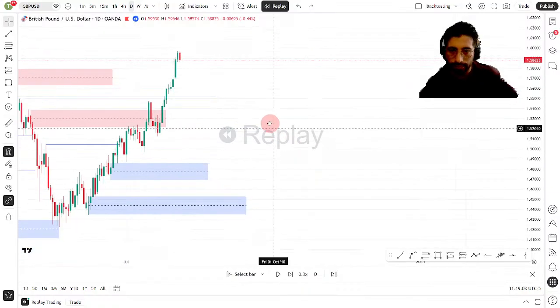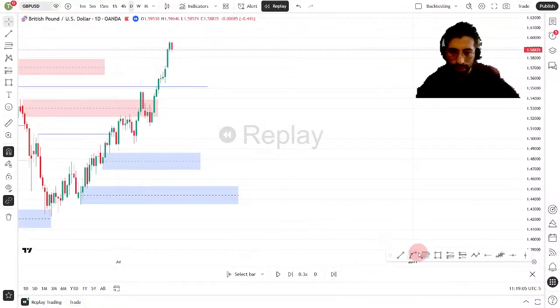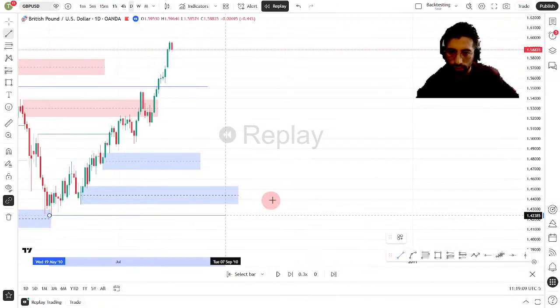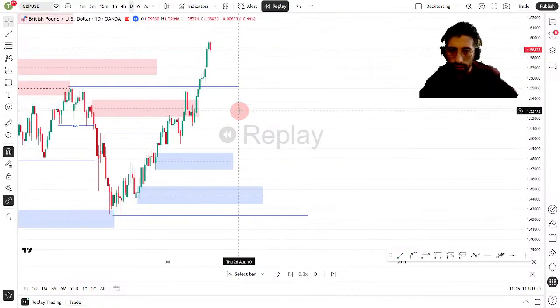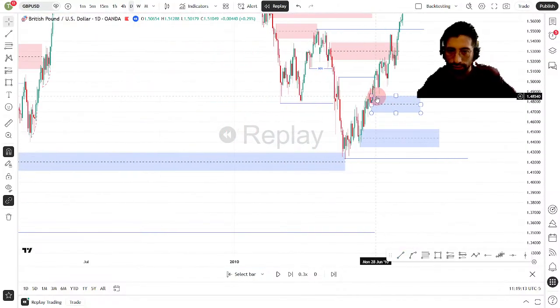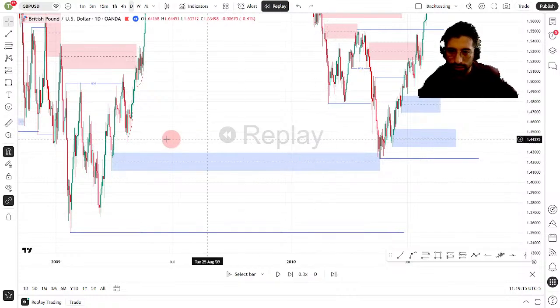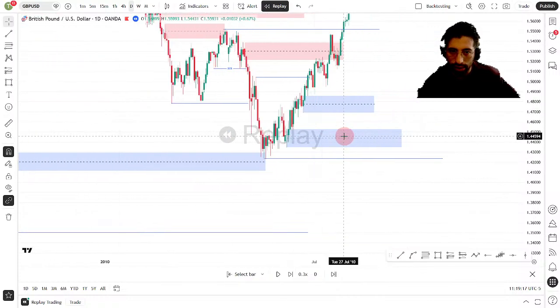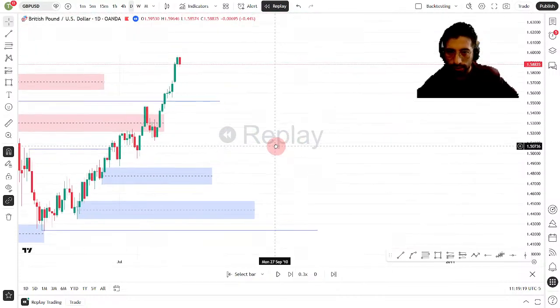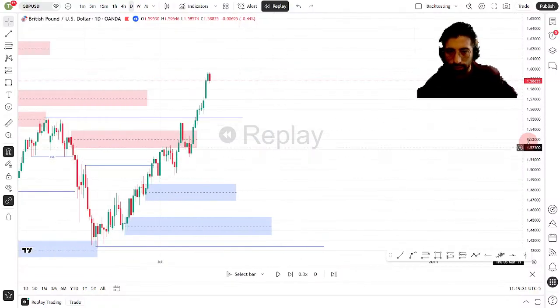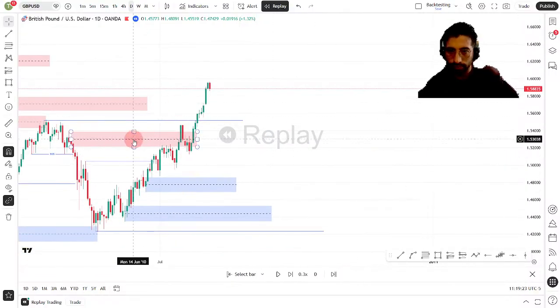Yep. Now we have this as our new strong low. Now again, we're in a bullish strength. Fortunately, right? Reacting after all this liquidity that was happening in there. Awesome.